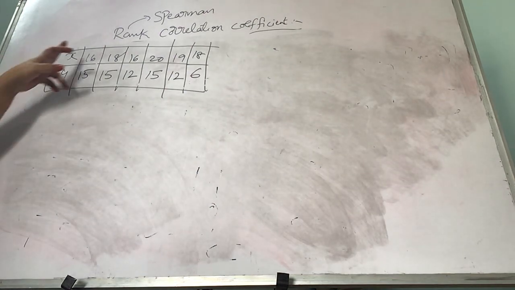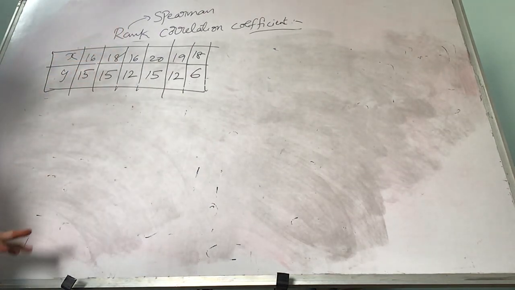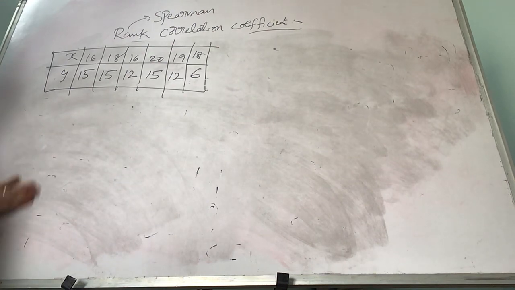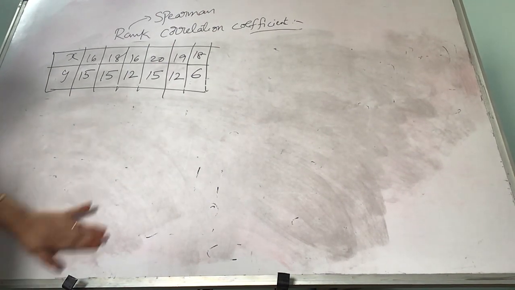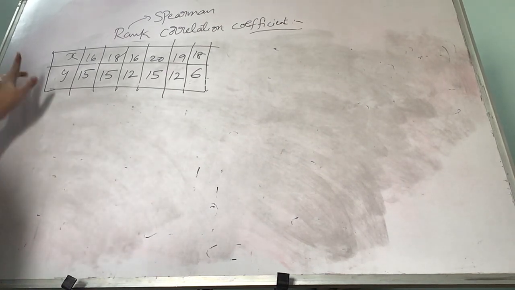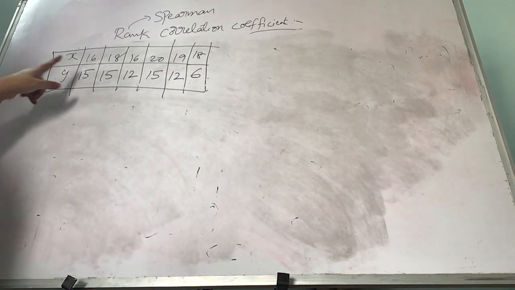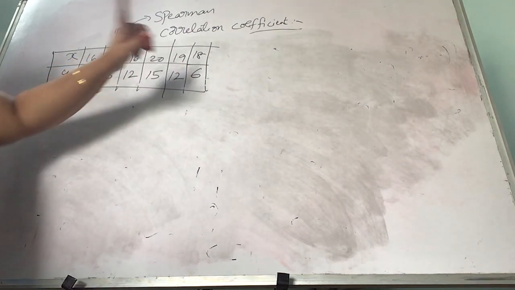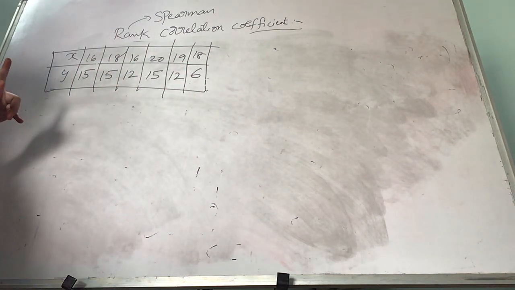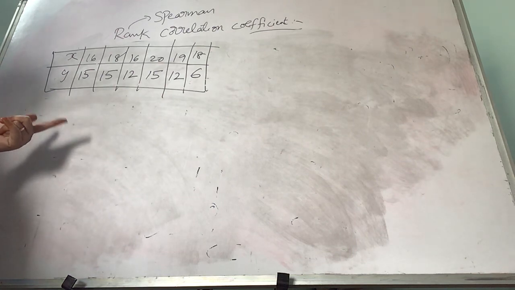Now we have to calculate the rank correlation coefficient for these observations. How to calculate this rank correlation coefficient? Here observe these X values and Y values. In X values 16 is repeated 2 times and 18 is repeated 2 times. Observations are repeated, so ranks are also repeated.